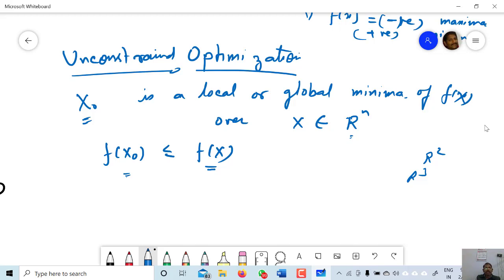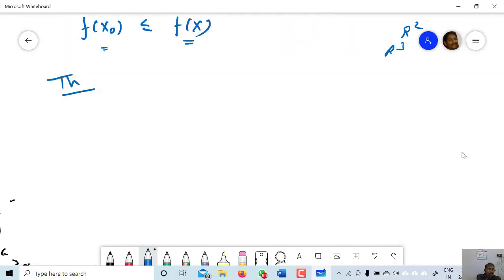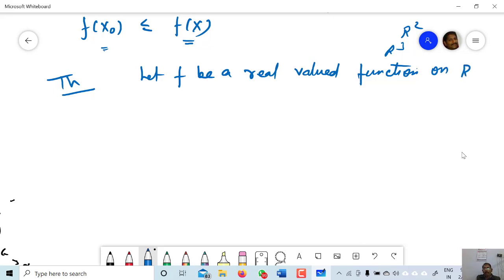Now based on this, there is a theorem. The theorem is saying: let f be a real valued function, that means it has some real value on n-dimensional space and is differentiable at x0. x0 was the minima, as I have already said.